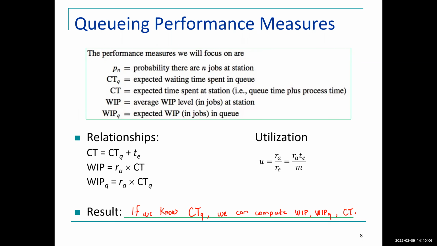So you can work backwards, or you can use these equations. If you know the cycle time in the queue, you can find the rest of them.